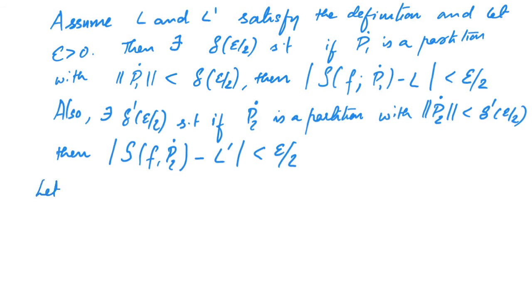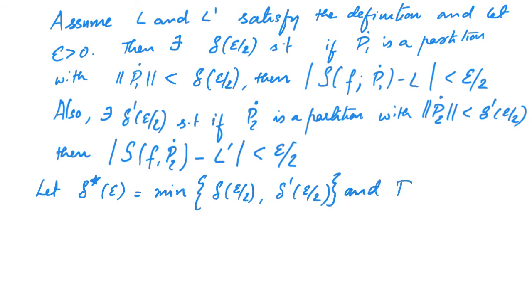Now let delta star of epsilon be equal to the minimum of delta of epsilon by 2 and delta dash of epsilon by 2.